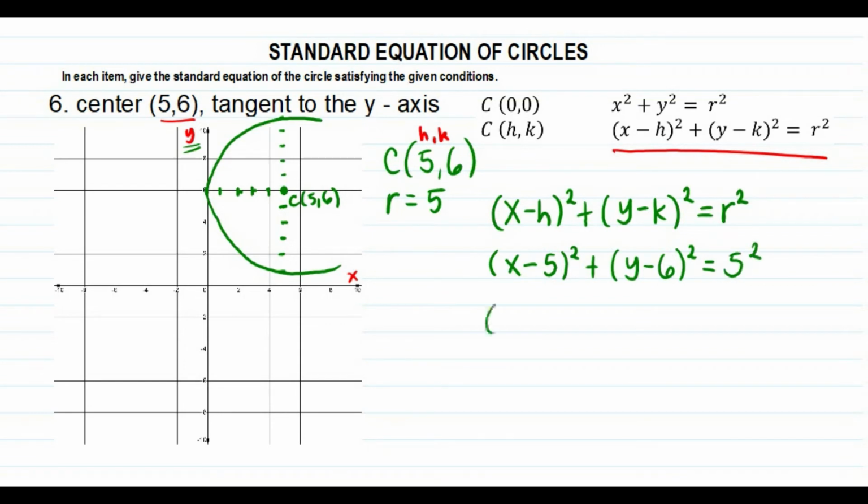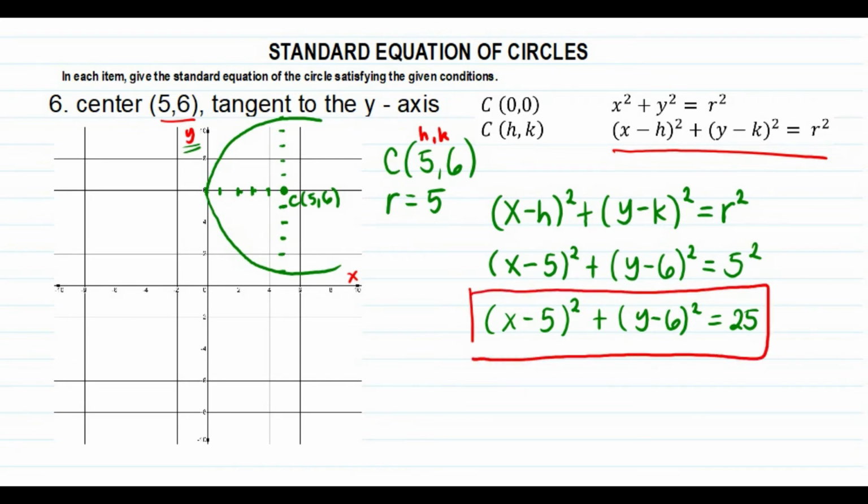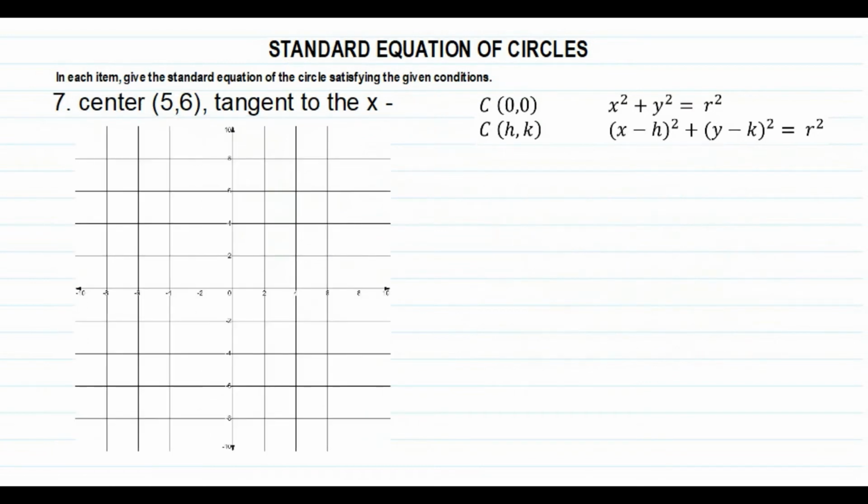The final answer is (x minus 5) squared plus (y minus 6) squared equals 25. And that is the final answer. Simply write nyo lang dito yon: plus (y minus 6) squared equals 25. And that's it.